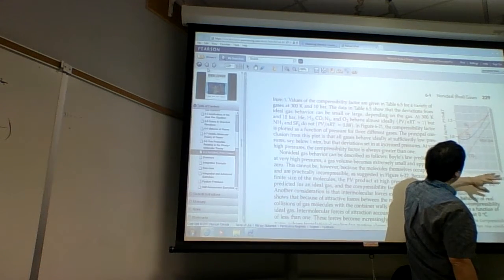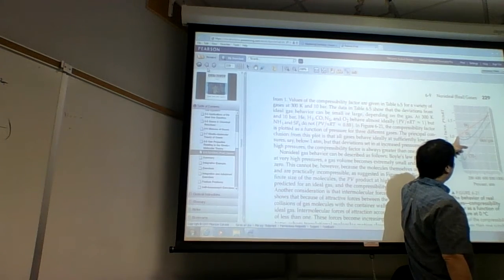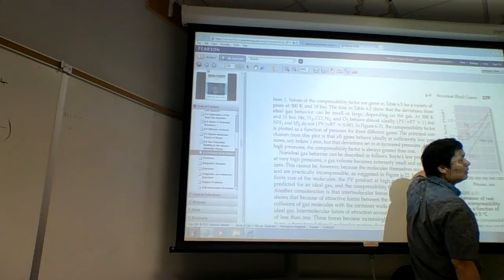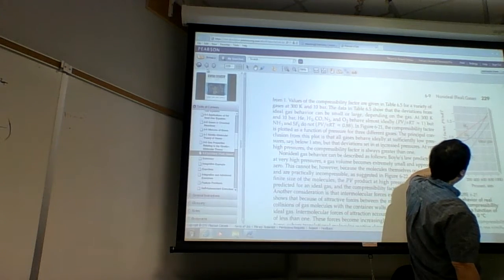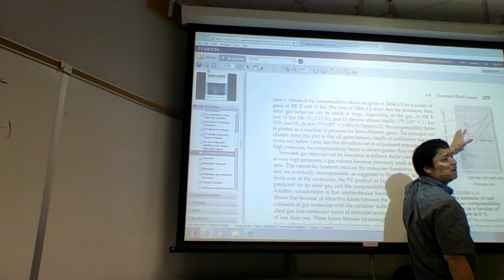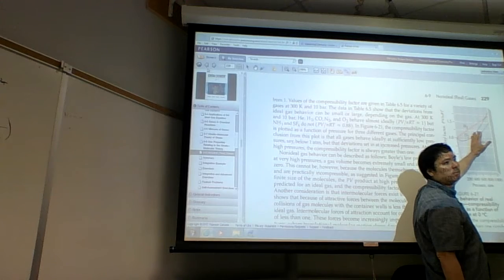Basically, the only place the ideal gas law is okay is right at the beginning, at very low pressure, between 0 and, let's say, 10 or 20 atmospheres. Beyond that, using the ideal gas law is a waste of time.